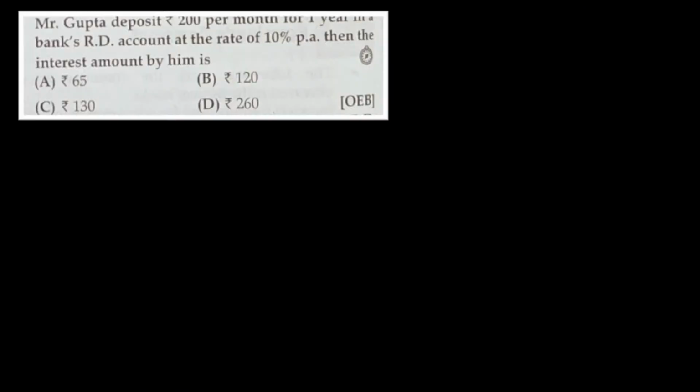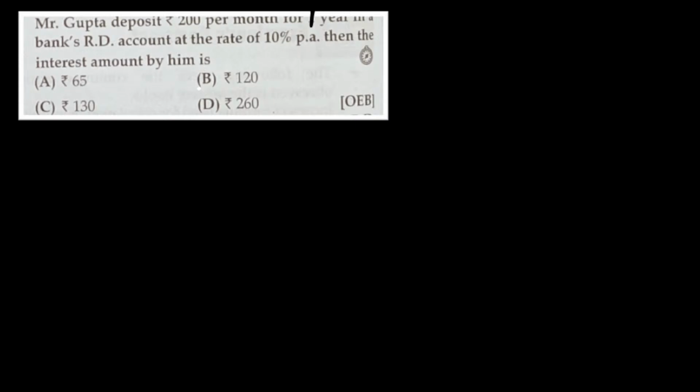Let's do the next one, the third question. Mr. Gupta deposits rupees 200 per month for 1 year in a bank's RD account at the rate of 10%.